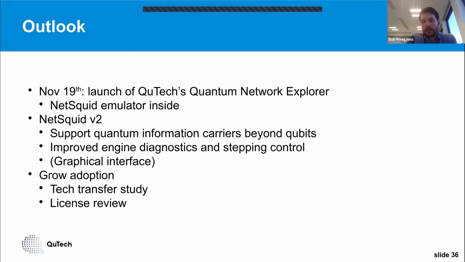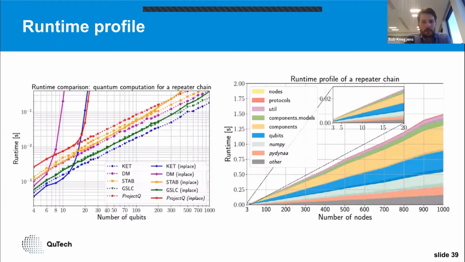I think I have a backup slide here where, for instance, we did a profile for a repeater chain with 1,000 nodes, which you see scales just linearly here. But that's because in the repeater chain, at no point are there 1,000 qubits entangled.